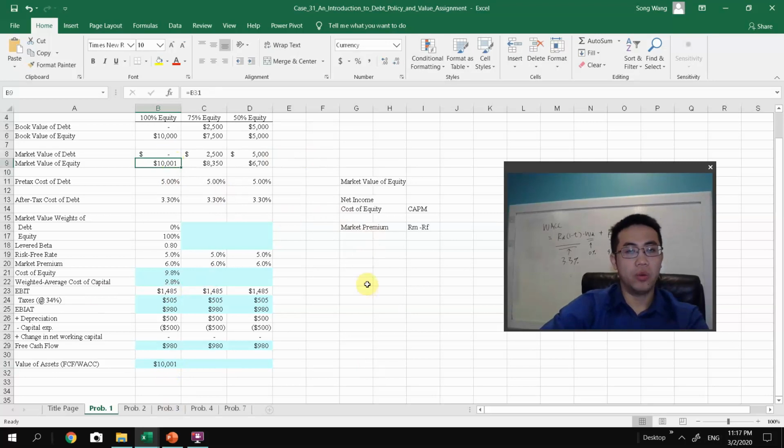So what really matters here is if you look at a company's value, the value is the present value of all the free cash flows in all the different years.